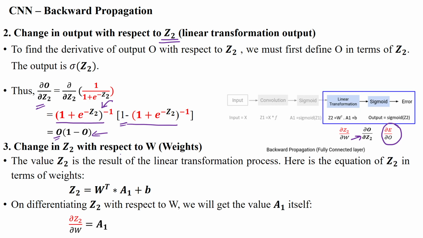So next, this terminology you have to find out. This is the change with respect to the parameters W. The G2 function is here. When you are applying the change with respect to W, you will get the term A1, and the other term will become 0, so you are getting A1. So now we found all three terminologies.